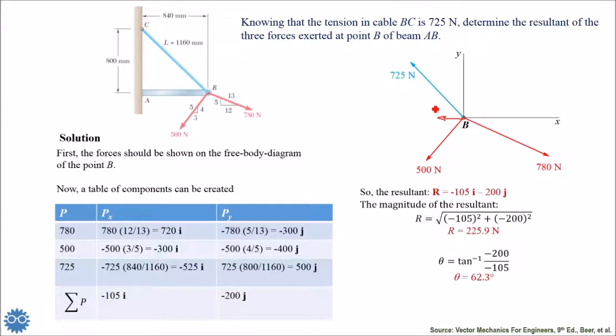So this is Rx, and in the y direction also it's negative, so it will be downward and by double. So this will be Ry. Simply, their resultant will be something like this.